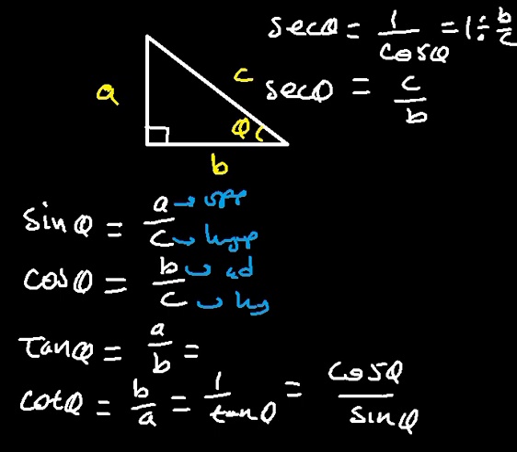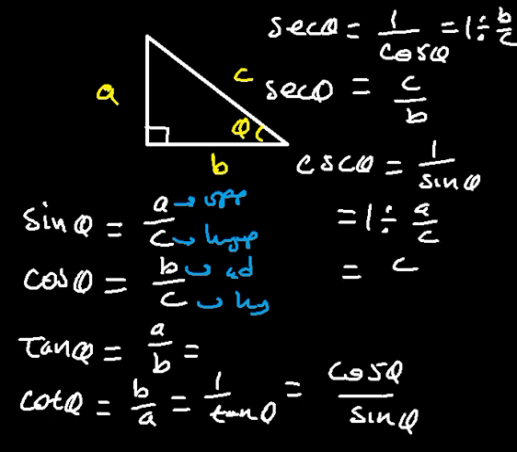And we also have what equates as the cosecant theta. Cosecant corresponds to 1 over sin theta. That is 1 divided by sin theta, which is A over C, which is the same as C over A. So that's the basic idea behind the trigonometric functions.